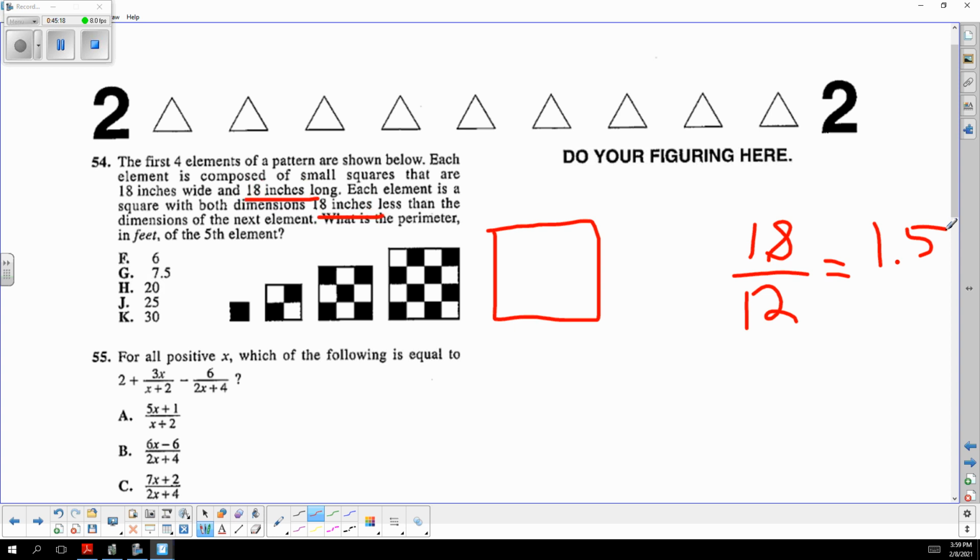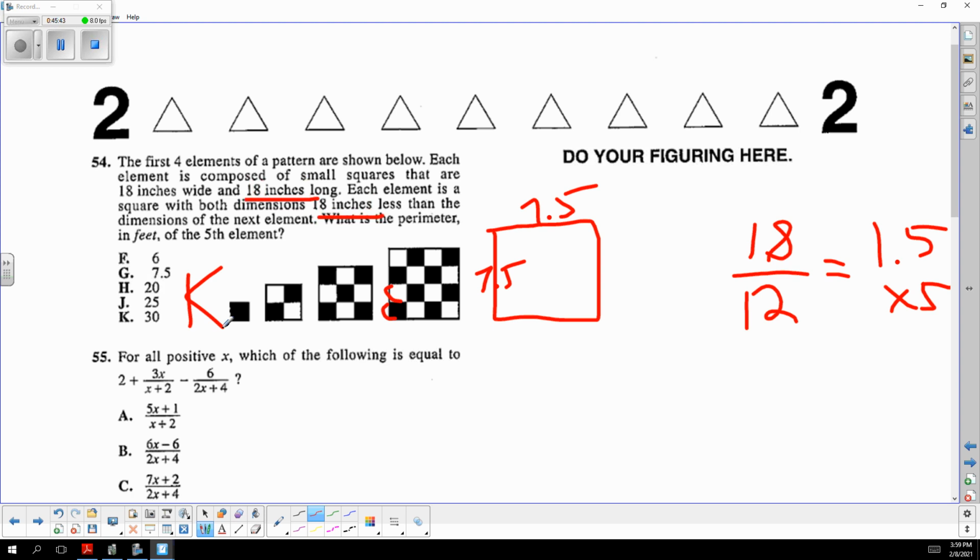So it's 1.5, and then each one is 1.5. So I got 5 of them. So I got 7.5 and 7.5. So the perimeter is the adding up of all 4 sides, and I end up getting 30, which is K.